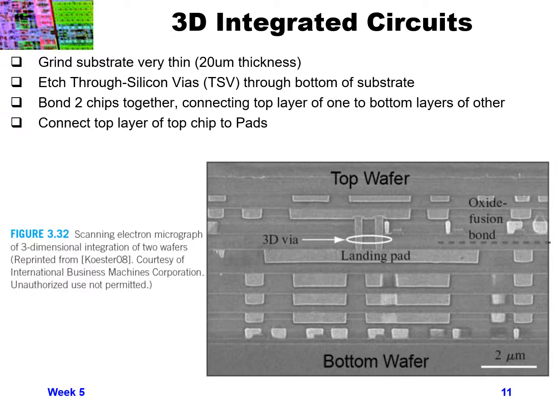So we etch a via through the 20 microns of silicon through the bottom of the substrate, and then we can create vias that connect the top of one silicon chip to the bottom of another.